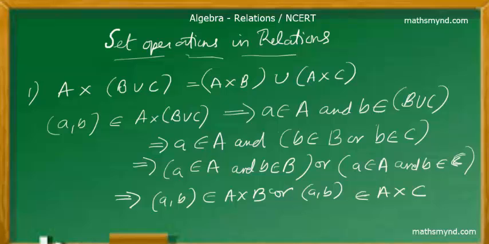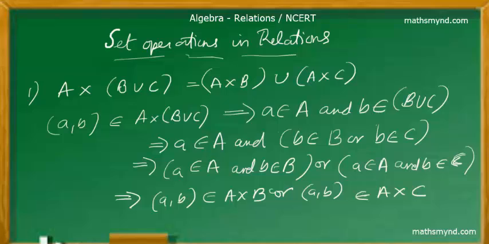If a is an element of set A and b is an element of set B, it simply means that the ordered pair ought to be a product of the Cartesian operation between those two sets.